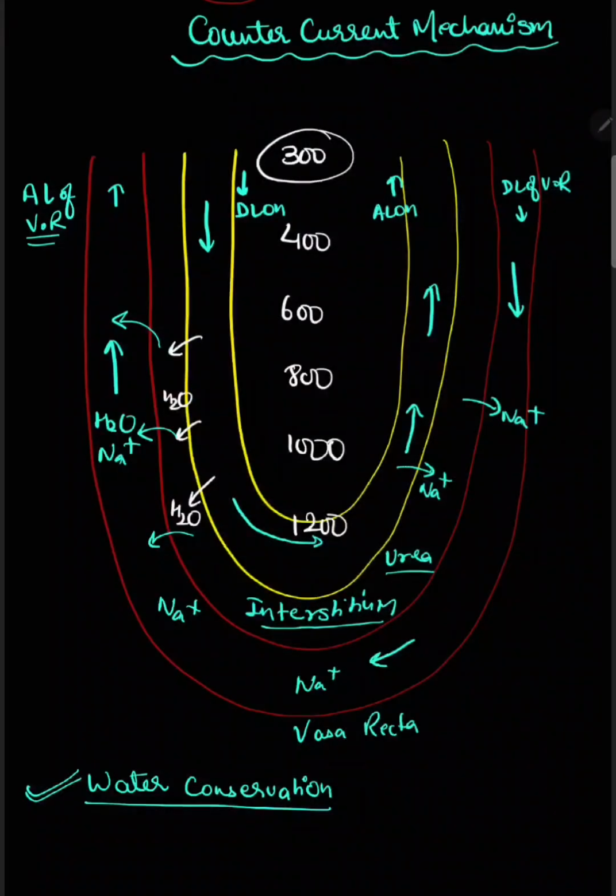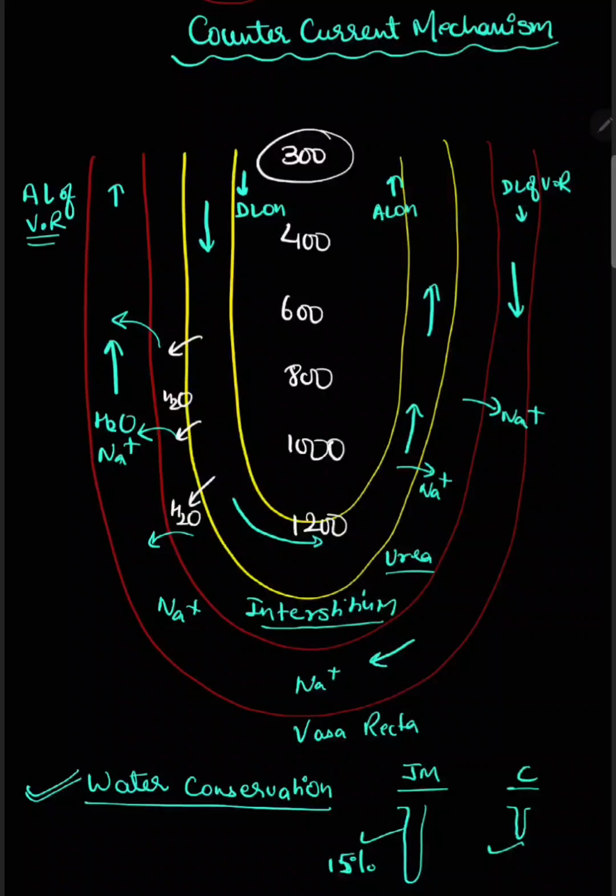So when we studied the juxtamedullary and the cortical nephrons, the juxtamedullary had a long loop of Henle, the cortical had a shorter loop of Henle. If there is a long loop of Henle, there will be a long vasa recta, so more water will be conserved in this as compared to this. So the juxtamedullary, although it is only 15% of the total, helps more in the conservation of water.